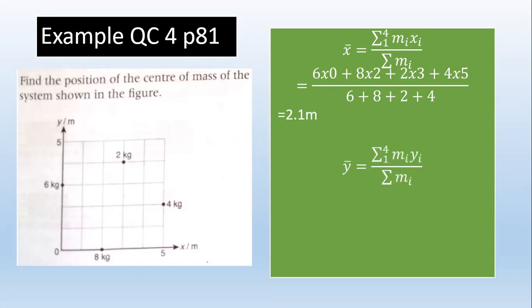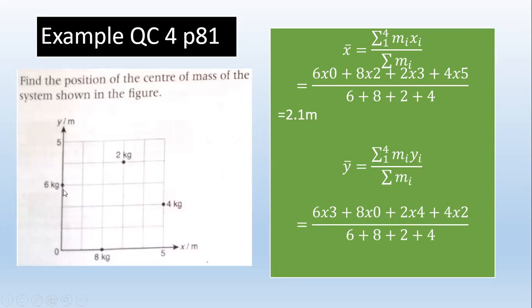From the x-axis, same thing. That's the first one. From the x-axis, that's 3, so 3 times 6. 8 times 0, 0 from the x-axis. This one is 4 squares, 4 squares times 2. 4 times 2 or 2 times 4.